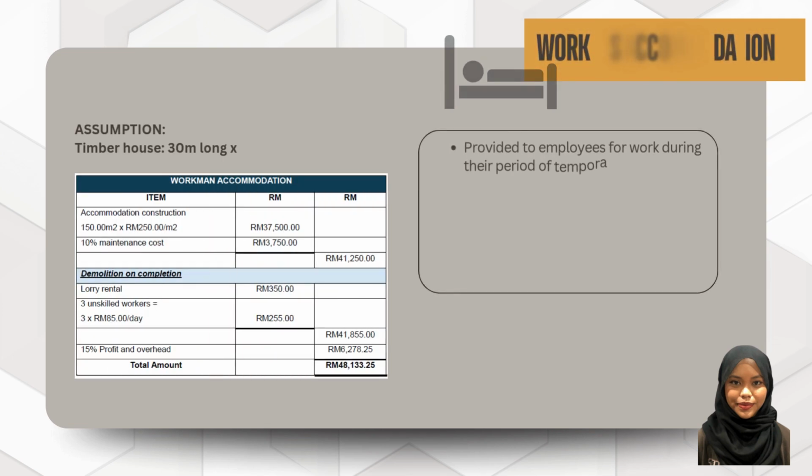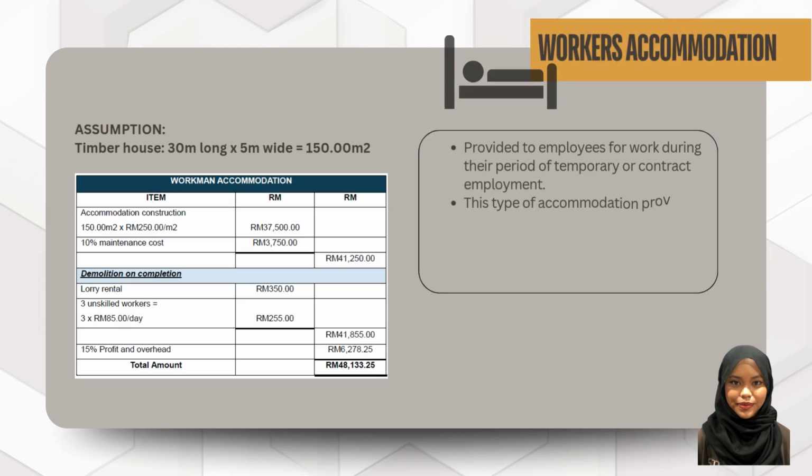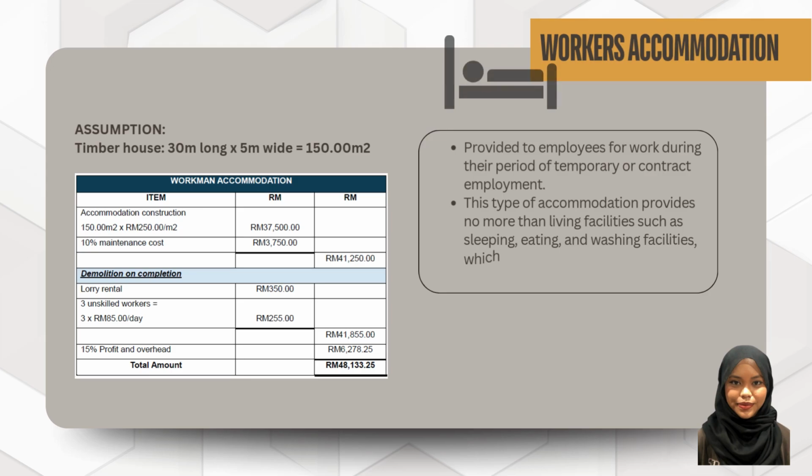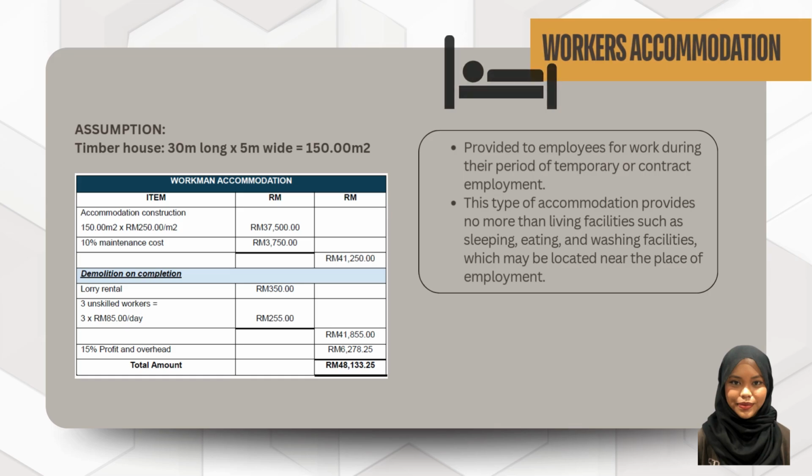The next item is temporary workman accommodation. It means housing facilities which are provided to the employees for work during their period of temporary or contract employment. This type of accommodation provides no more than living facilities such as sleeping, eating, and washing facilities, which may be located near the place of employment. It is typical for sectors like construction works, agriculture, or events when employees can be temporarily on the move.